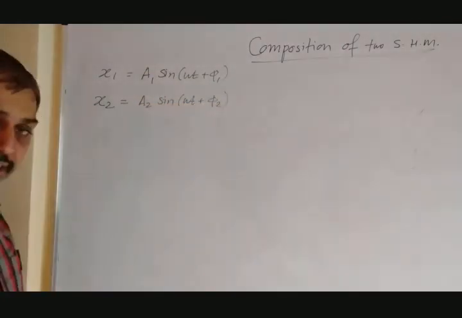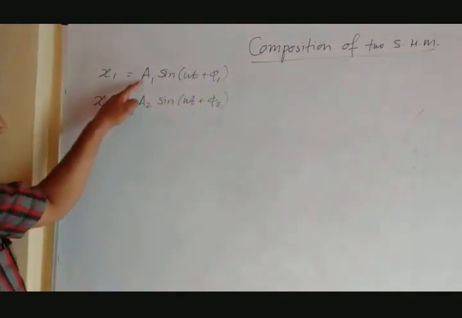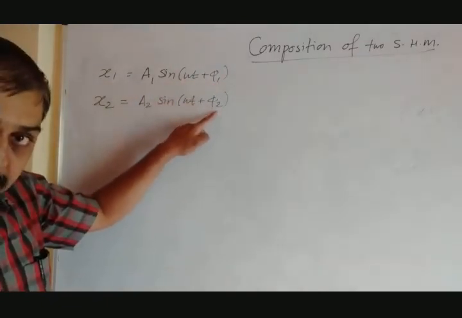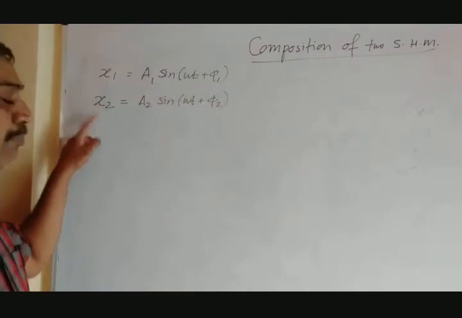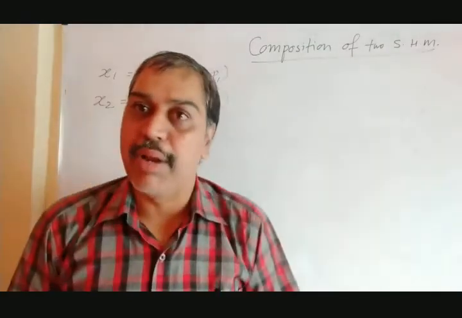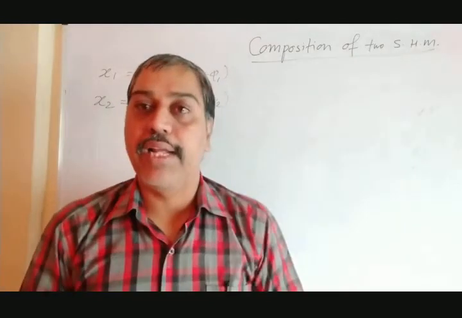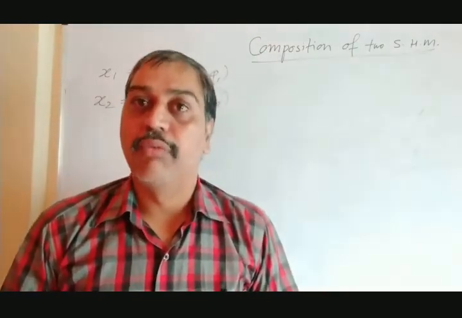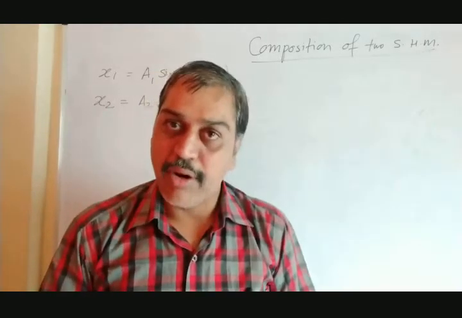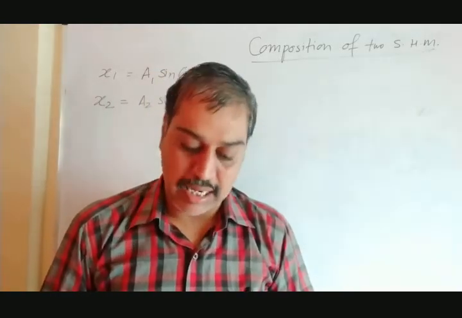What is the difference here? Amplitudes are different, time is the same, phase differences are different. That's why the displacements are different. So when two particles performing simple harmonic motion combine together, what is the nature of the resultant motion? Is it simple harmonic or not?